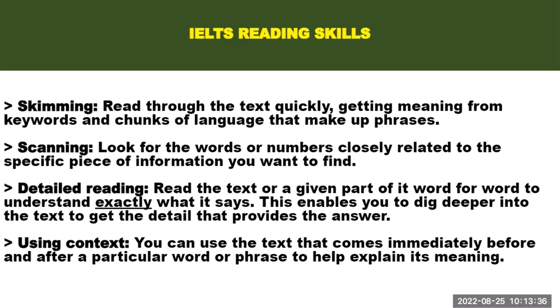And these various skills or techniques enable you to achieve a specific goal in reading. So detailed reading enables you to read the text or a given part of it word for word to understand exactly what it says.